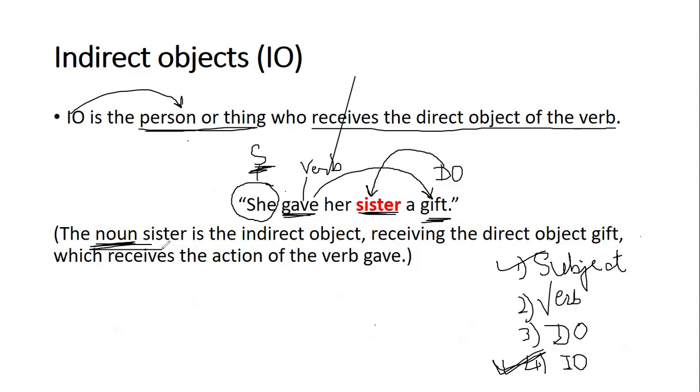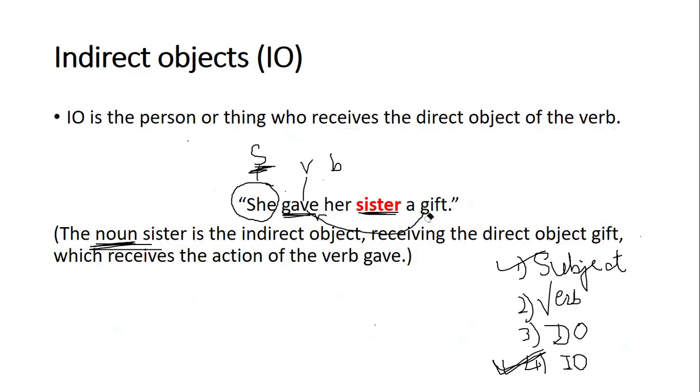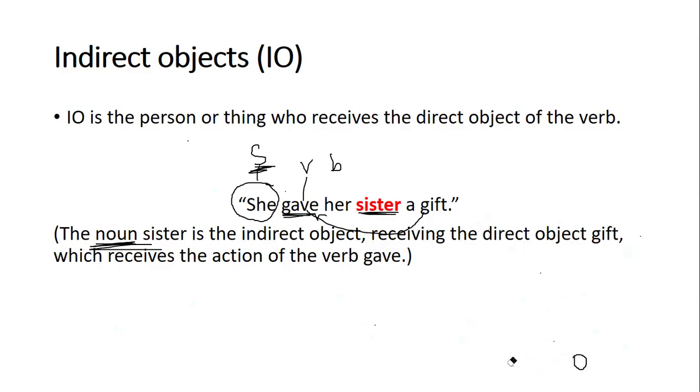It is an indirect object that is receiving our direct object, gift. And gift is receiving the action of the verb gave. So hopefully now it's very, very clear how to find the subject, verb, direct object, and indirect object.